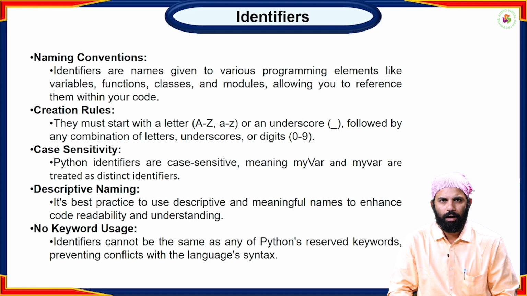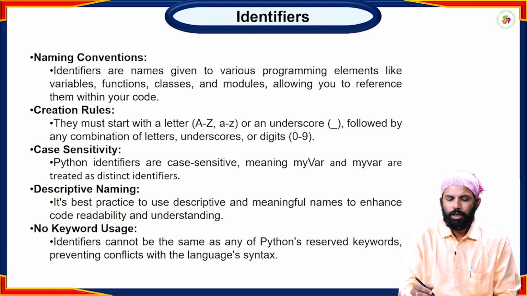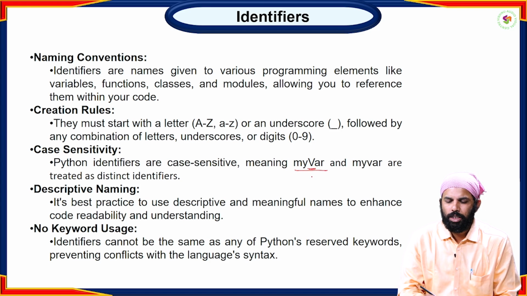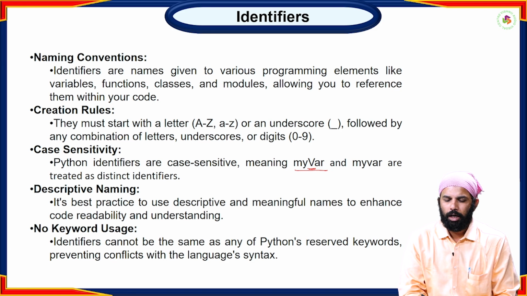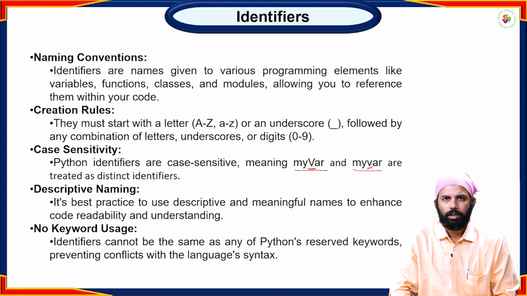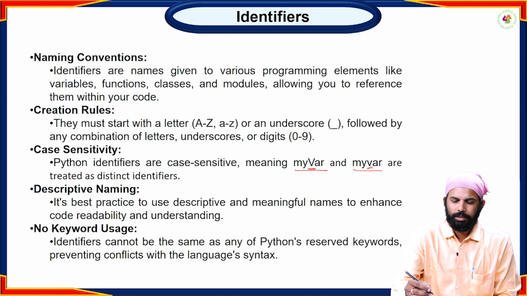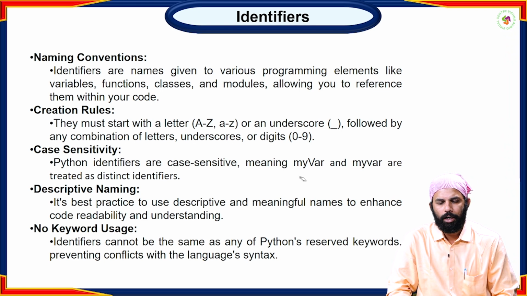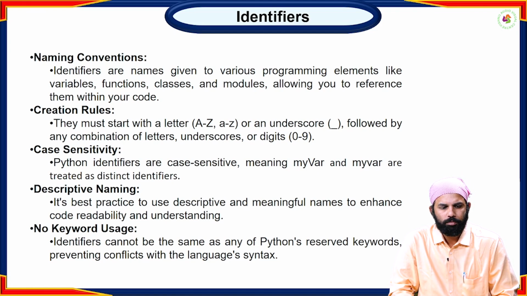Therefore, we can say myVar, where uppercase V is used in the middle of the identifier name, and myvar, where lowercase v is used as a character in the name. We can say that we basically have two kinds of identifier names used in the code, and they must be treated as distinct identifier names.